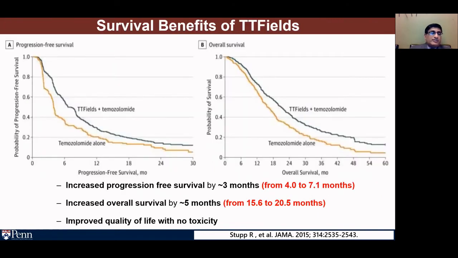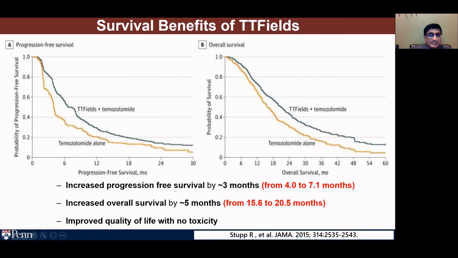So there are a large number of multicentric clinical trials, which are phase 3 clinical trials. They have shown that patients treated with the tumor treating field and temozolomide are associated with significantly prolonged progression-free survival as well as overall survival compared to patients who were treated with temozolomide alone.